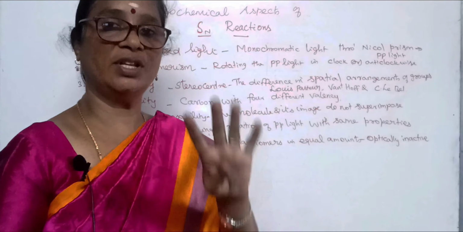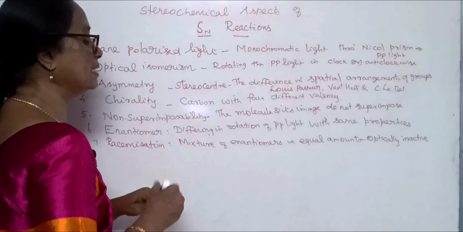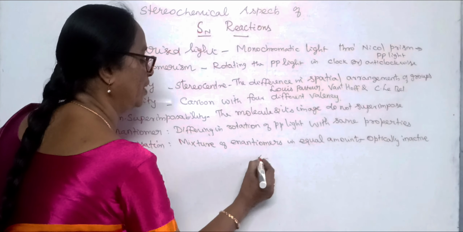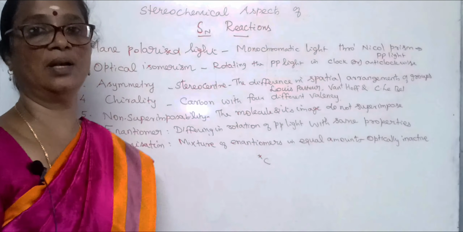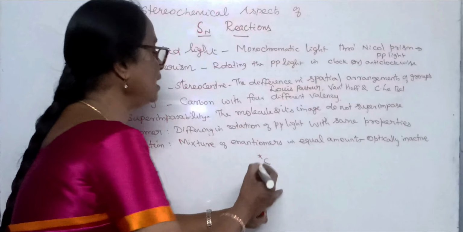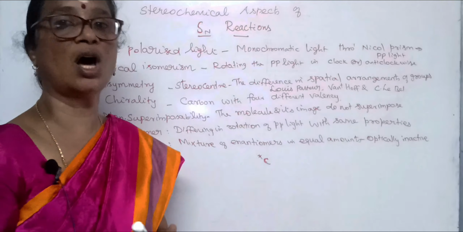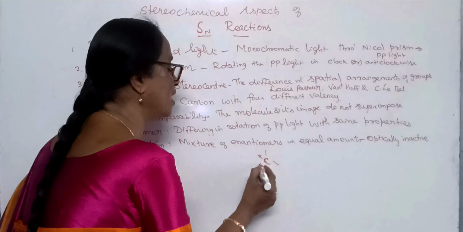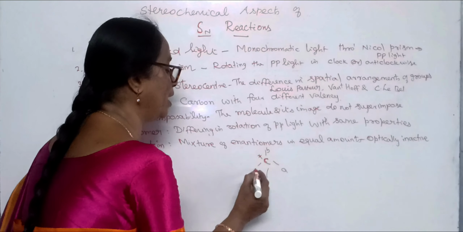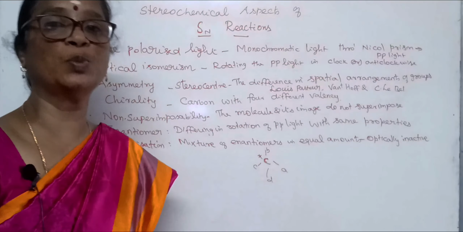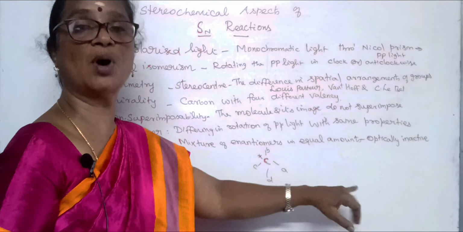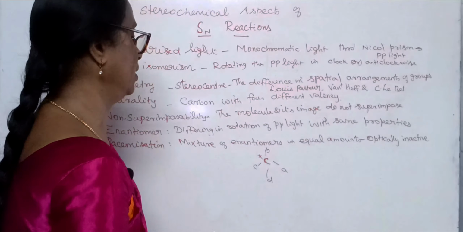A carbon with four different groups can be represented with an asterisk symbol. It specifies that the carbon is an asymmetric carbon and a chiral carbon because its four valencies are satisfied by four different groups. So the property of the molecule is said to be chirality.